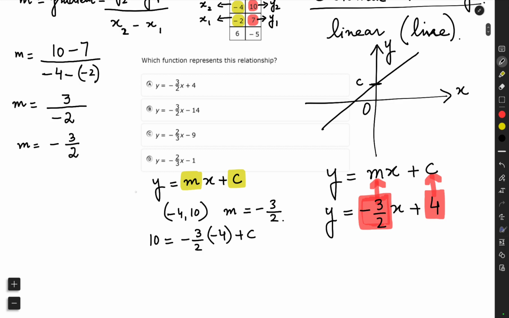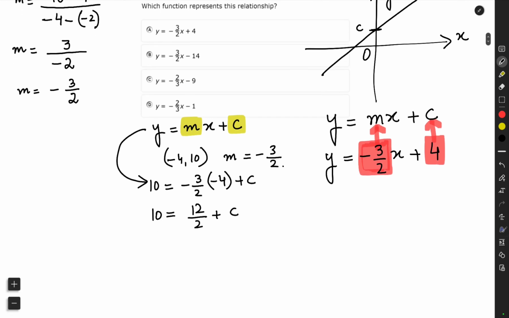In this way, I plugged in the values in this equation. So 10 is equal to 12/2 plus c. 10 is equal to 6 plus c. How did I get 12? I multiplied this 3 with 4. I got 12, and minus times minus is plus 12. That means the value of c will be 10 minus 6, which is 4.